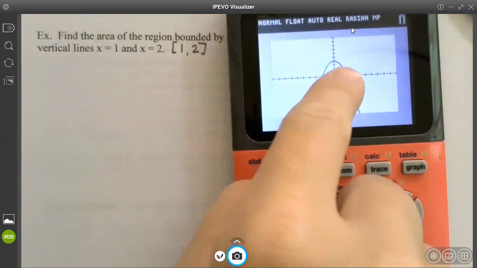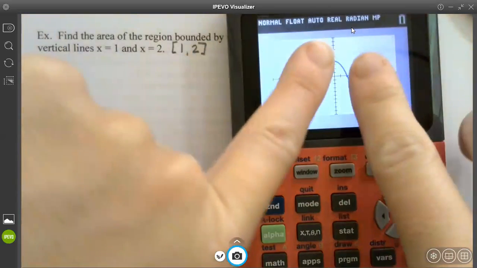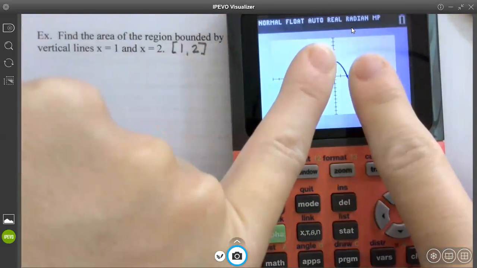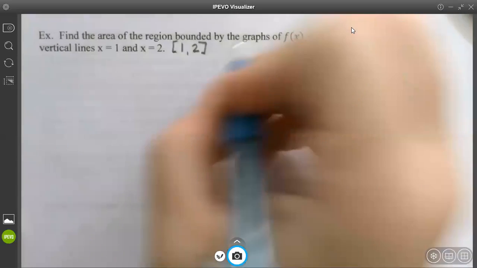So that's just this little function. It's above the x-axis, so it's positive. It's not a negative function, so we're good to go. All we're looking at is this little bounded part right there. So it is continuous and non-negative.